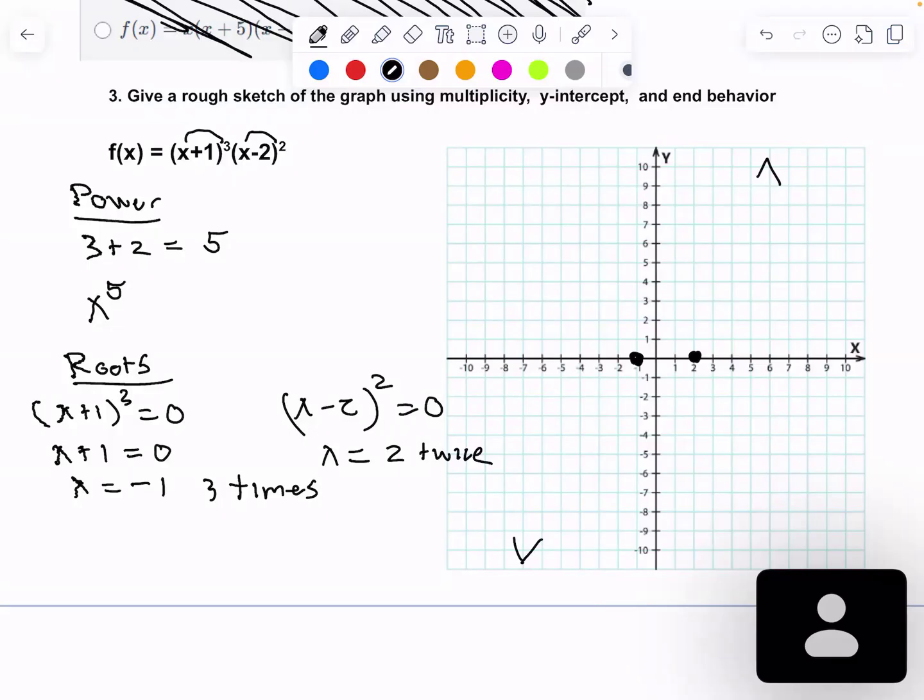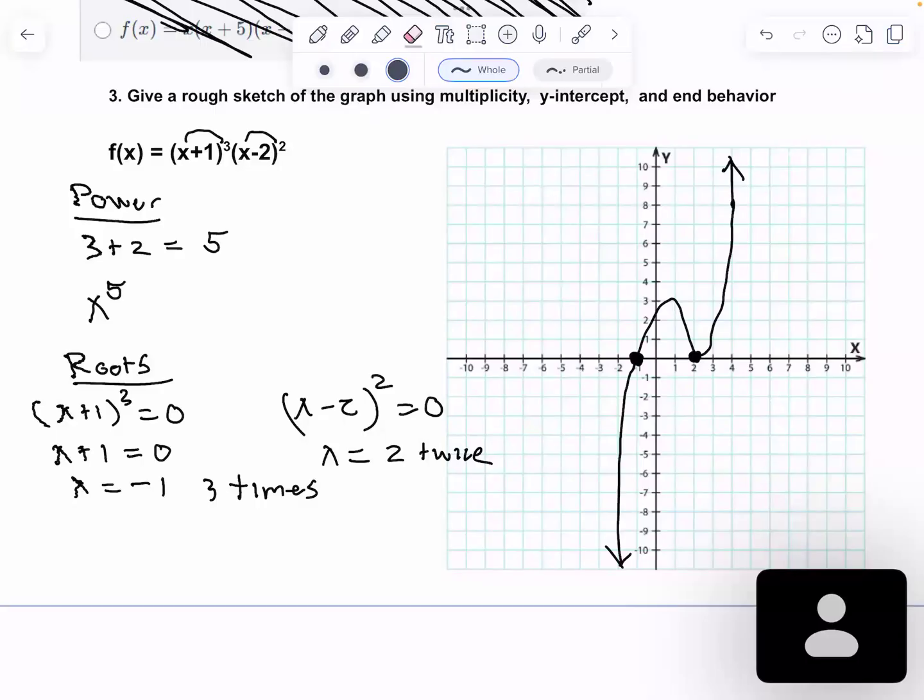We know it's not going to cross at the axis. It's going to bounce. So our best guess of a graph would be something like this. This is an odd root, so it crosses. This is an even root, so it bounces. Something like that. Okay.